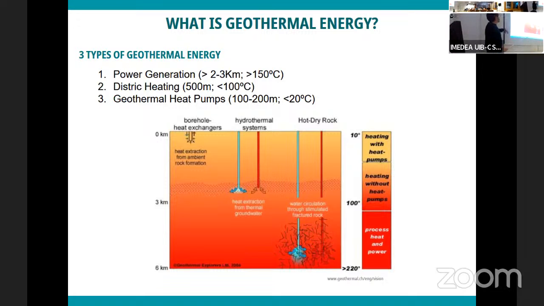The second type is district heating, where we have enough temperature at different depths to share this energy with different buildings and uses, in a specific area like a neighborhood or a big industrial area.